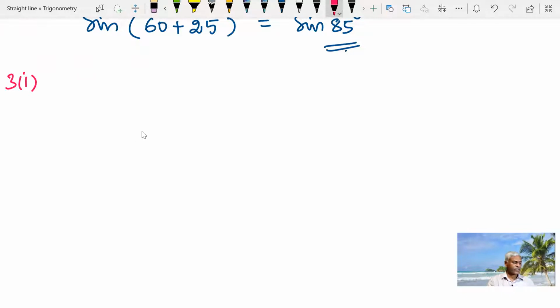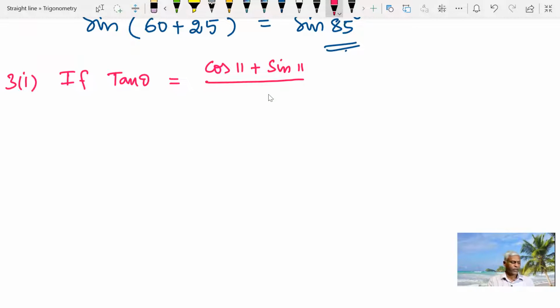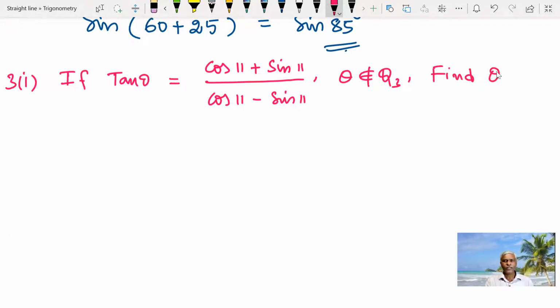If tan theta is equal to cos 11 plus sin 11 divided by cos 11 minus sin 11 degrees, and theta is not in the third quadrant, then find angle theta.